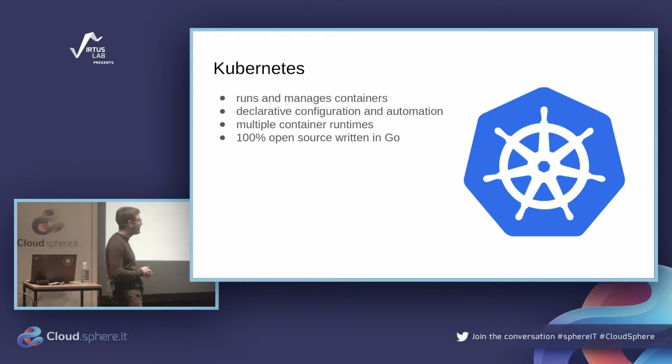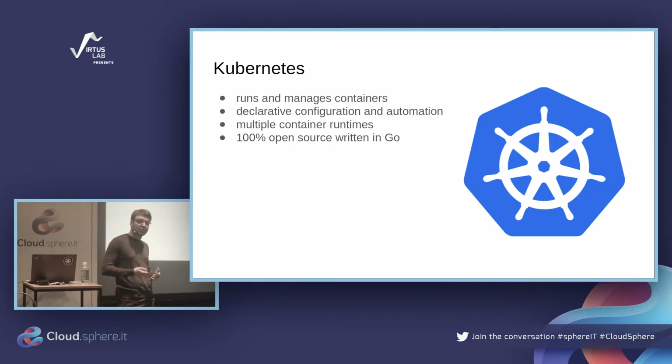So just briefly, Kubernetes is a platform which runs and manages containers. It has declarative configuration and automation like service discovery, health checks, auto-scaling, and many more built in. It supports multiple container runtimes, and it's 100% open source, written in Golang.